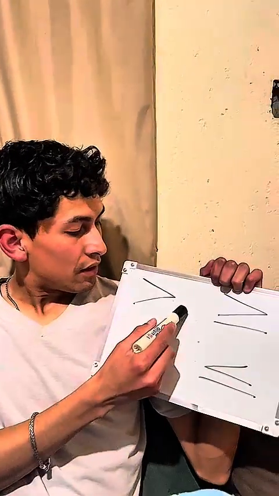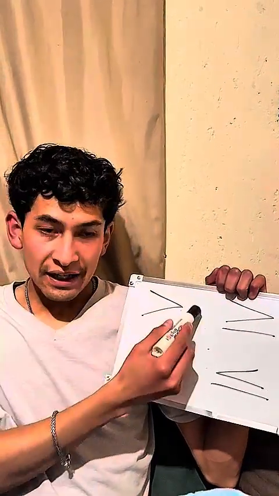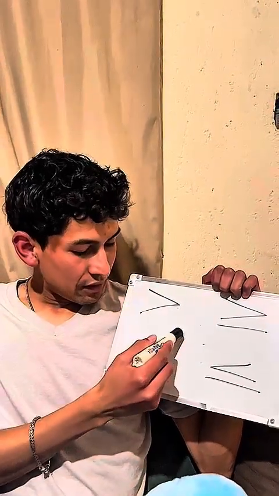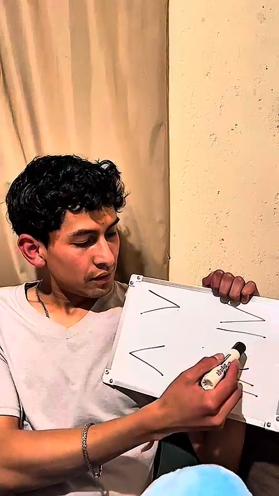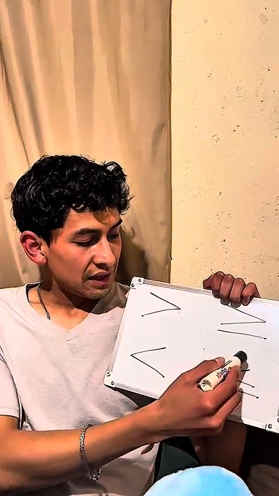The main inequality symbols are: this is greater than, this is less than, this is greater than or equal to, and this is less than or equal to.